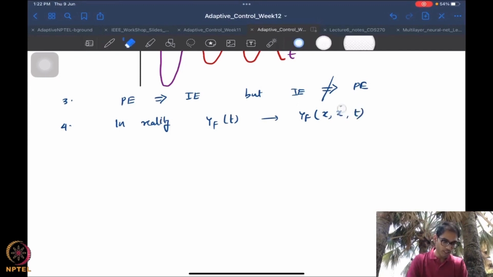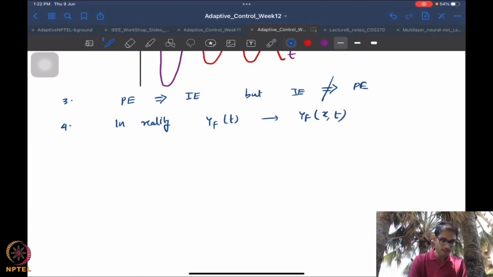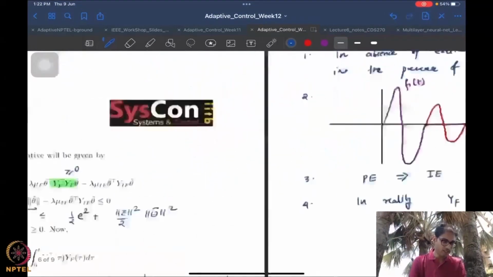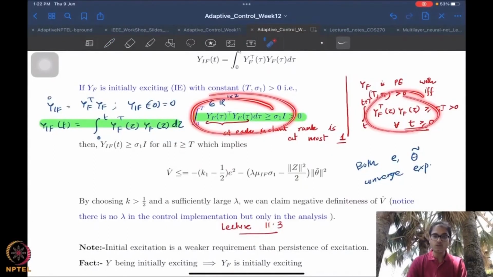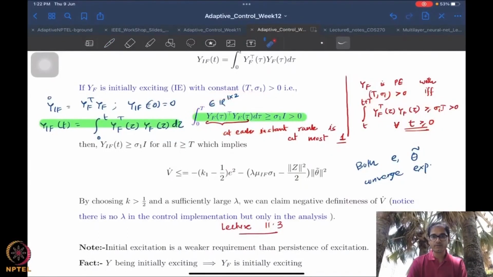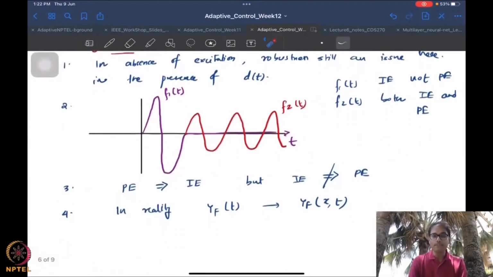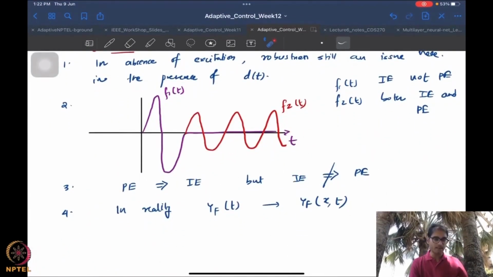Or if you don't want to put the derivative, because we got rid of it using some integration by parts, it's a function of state and time. And if you see the definition here, just like in the case of persistence also, it is only a function of time. So it begs the question, what happens if YF is a function of the state?